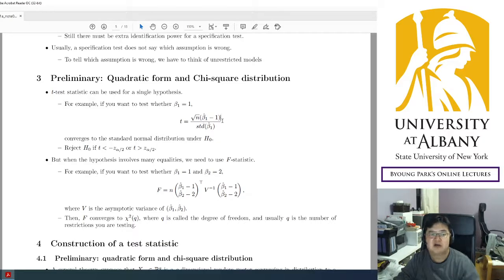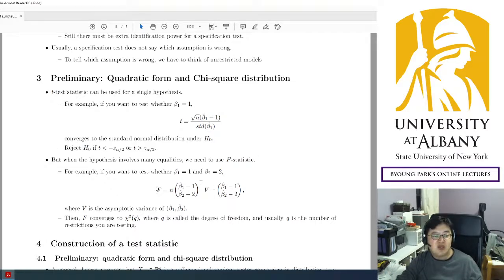And you must know this well. So this is not my interest. I'm not talking about the t-statistic itself. But when you have more than one parameters involved, more than one inequalities involved in the hypothesis, you cannot use the t-test if you want to test them jointly.